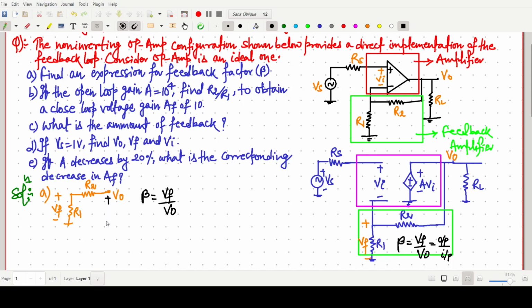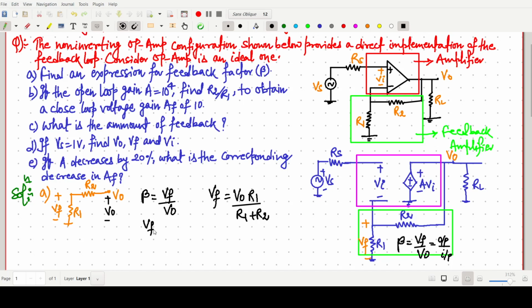Now this value is V naught, so we just have to apply the voltage division rule. Vf is simply V naught into the opposite resistance R1 by R1 plus R2.